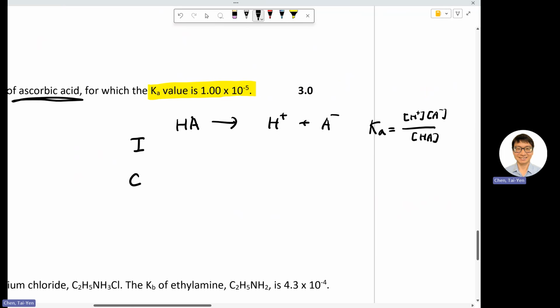All right. Okay, so now we go back to our very old methodology, ice table. Okay. You know you have a weak acid, ascorbic acid. I don't really care about its chemical formula. Okay. I can just write HA to represent the weak acid. And I know the initial concentration is 0.01.